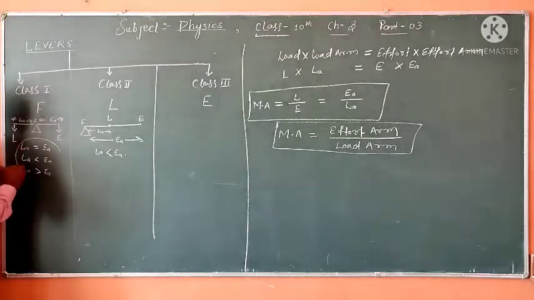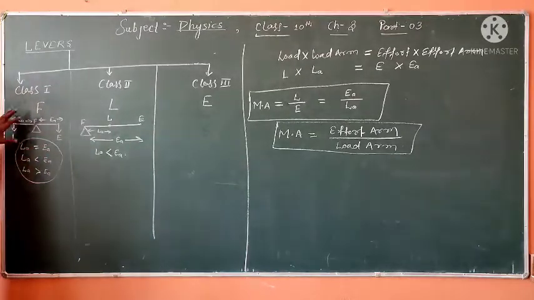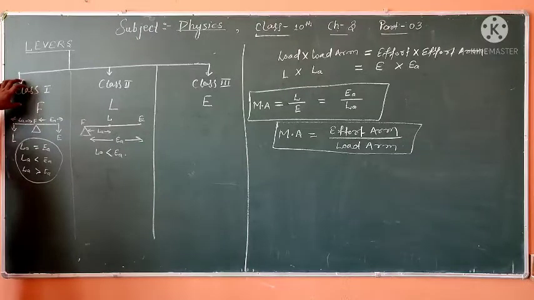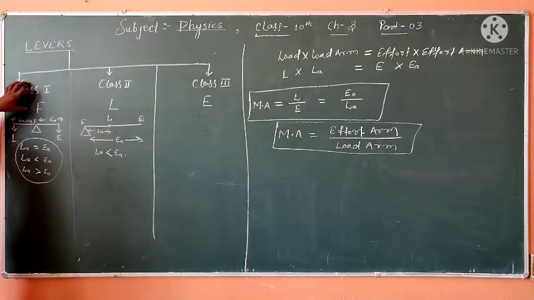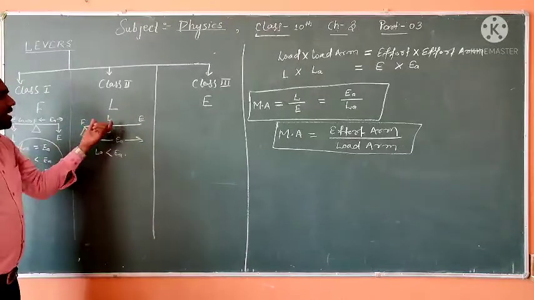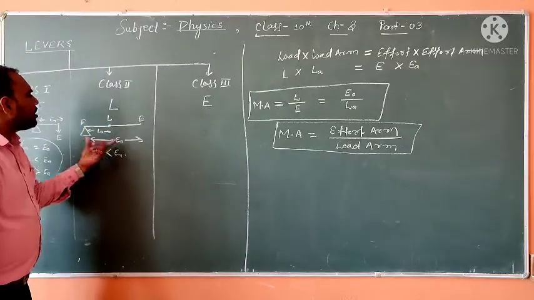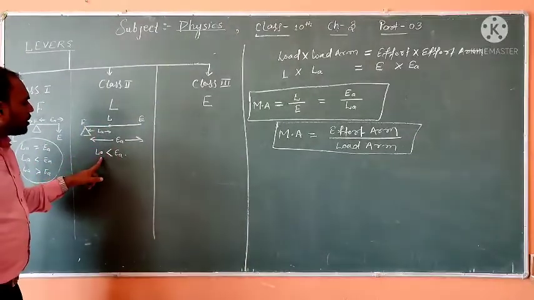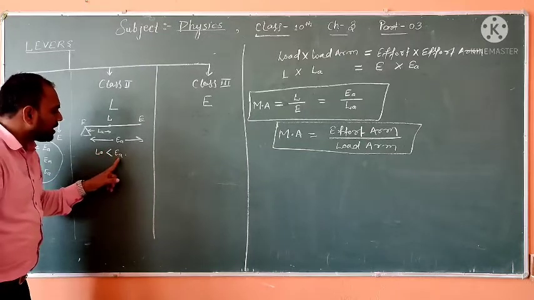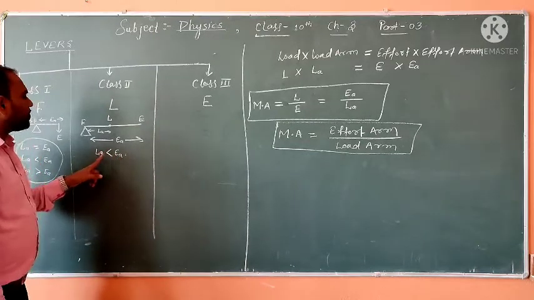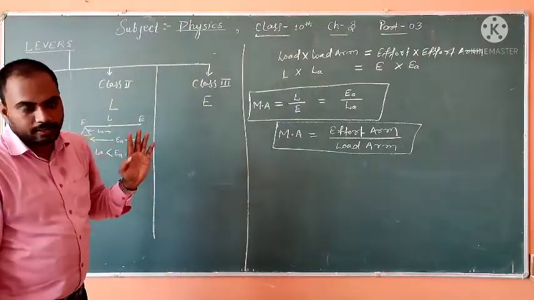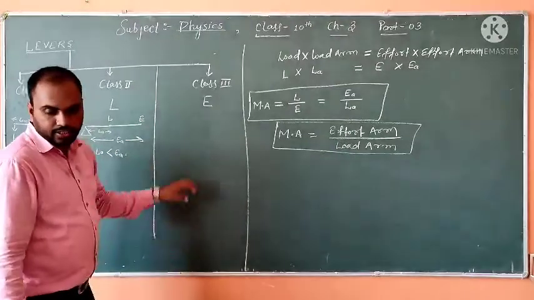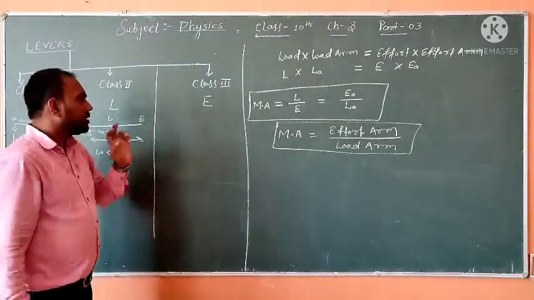These all three cases may be possible in class 1 type of lever. While in class 2 type of lever, only the load arm will be less than the effort arm, meaning the effort arm will be greater than the load arm. I hope you are able to understand. Coming to the next one.